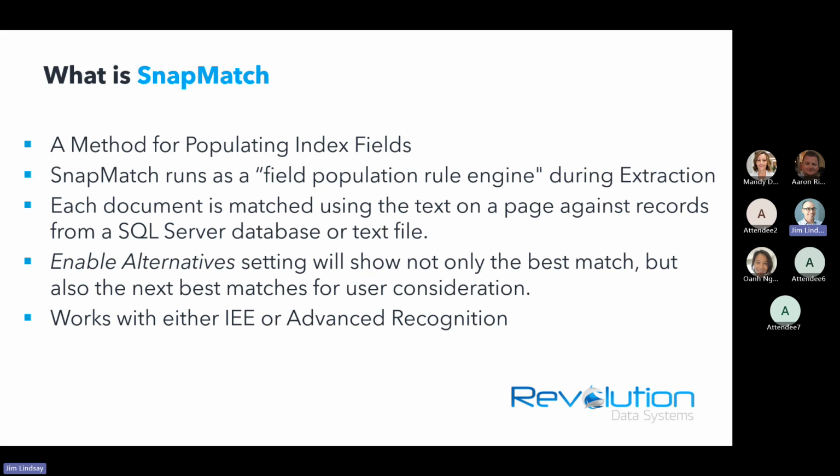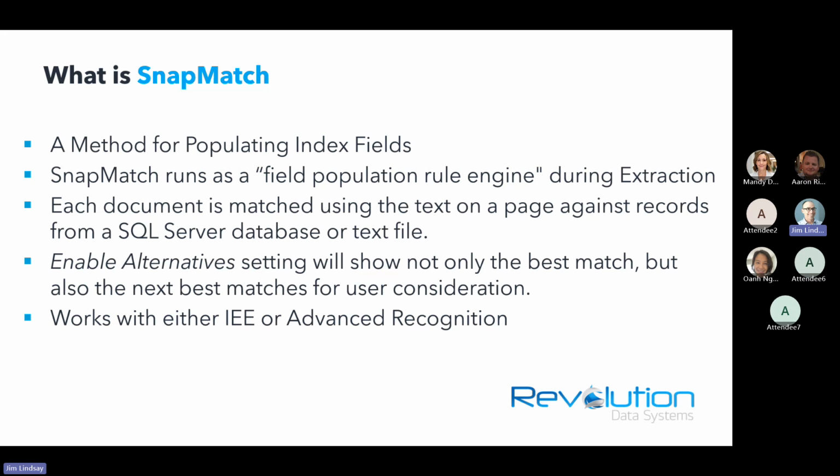So think auto-populating a vendor address as you ingest an invoice, or let's say the vendor name is a logo with unconventional font, or say the invoice image isn't very clear. SnapMatch can match against different data attributes, for example, say the address, and then populate the rest of the vendor information related to that document.